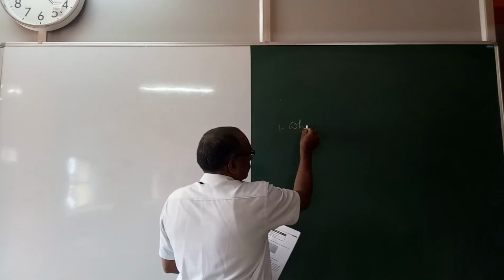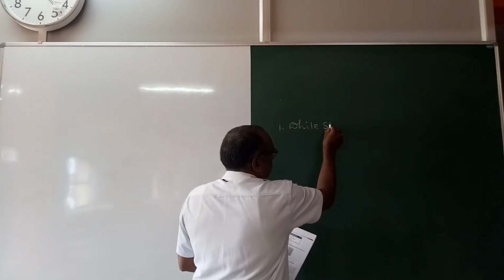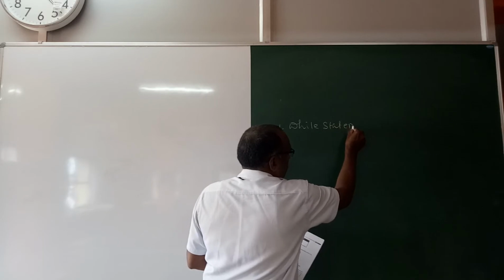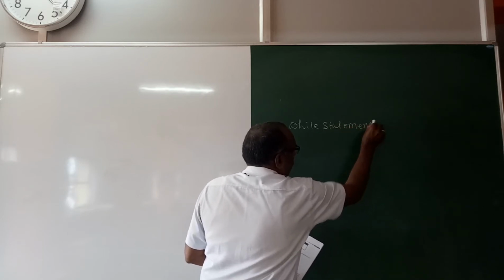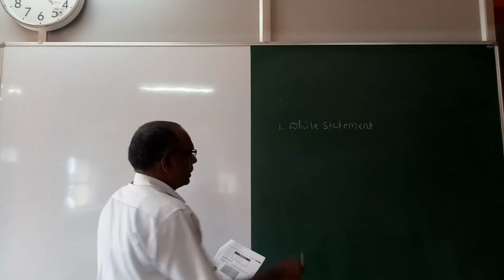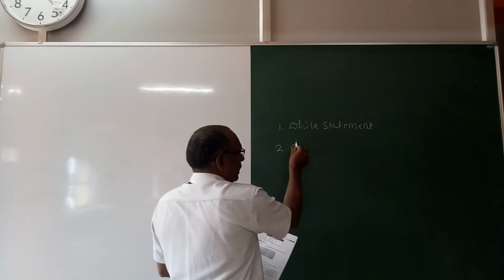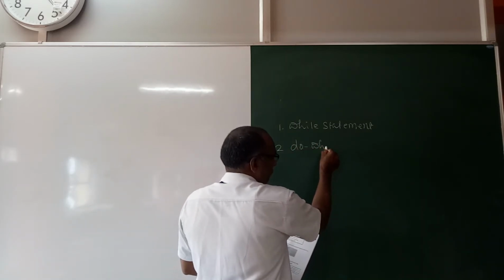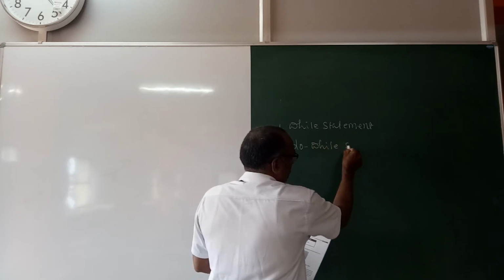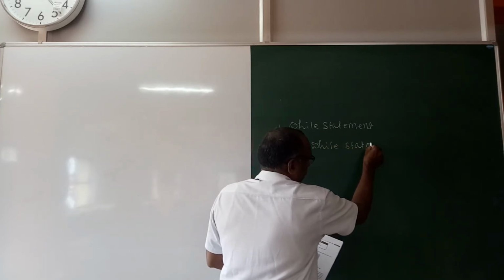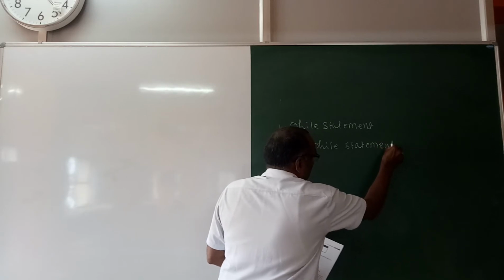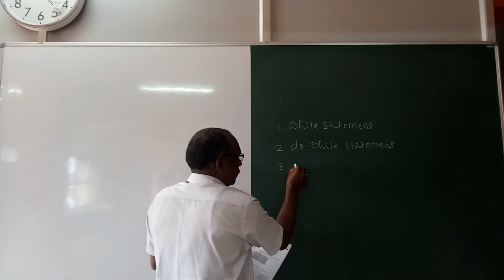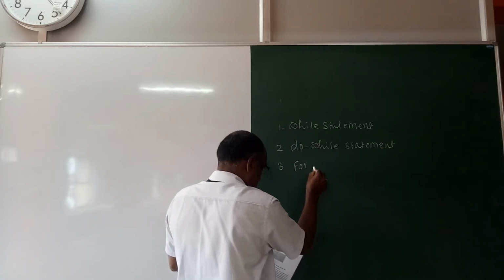The while statement is the first statement in the loop control structure. The second one is the do-while statement. The third one is the for statement.